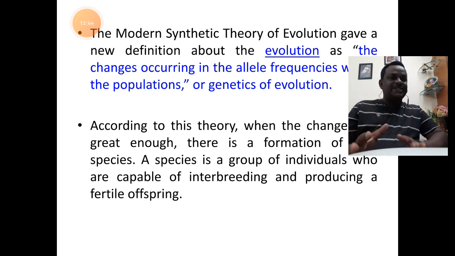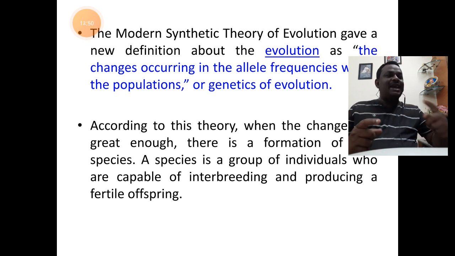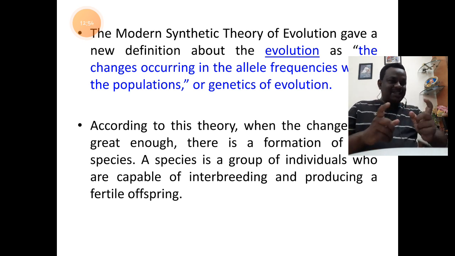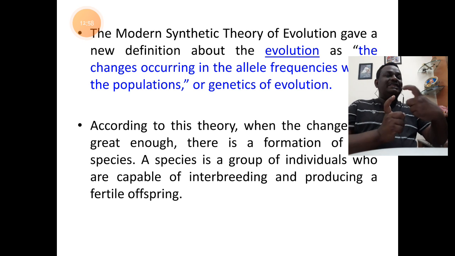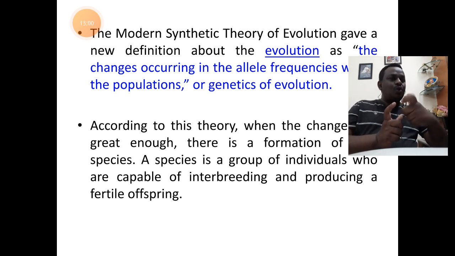Changes that happen in genes are related to the alleles. We know an allele is the alternative form of a gene. So a gene is represented in the form of alleles. These alleles will show changes in them. That is what we call genetic variation here.